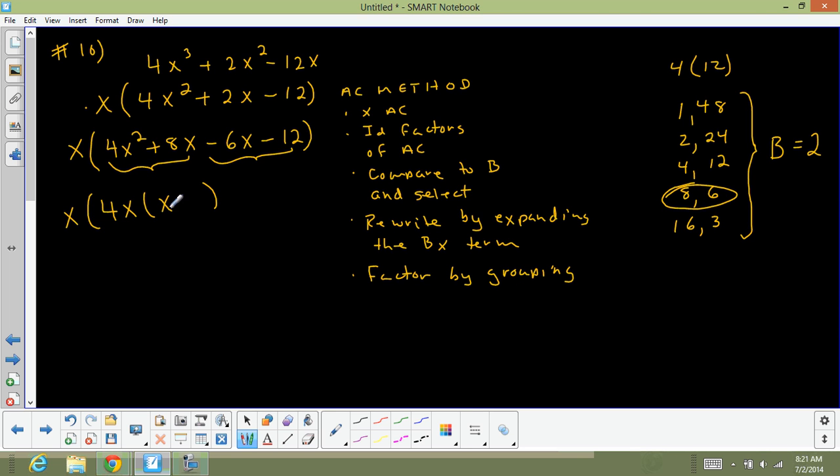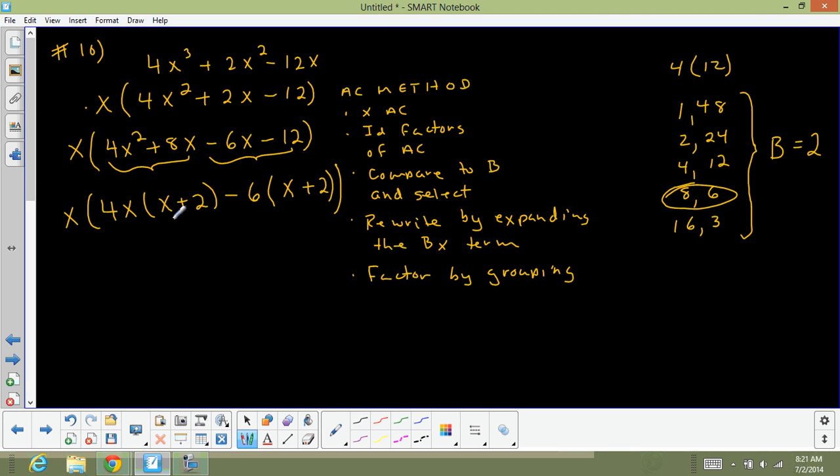That's going to leave us with an x plus 2. And on the second pair, factoring out a minus, and of course both multiples of 6. So you factor out a negative 6, and that leaves you with a plus x when you divide, and a plus 2 when you divide. We close the parenthesis on that pairing, and we close the parenthesis on the entire expression.